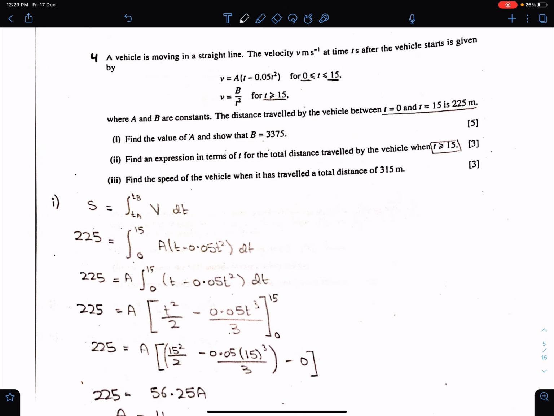And the formula is S is displacement till 15, like S1 plus S2. The first displacement is 225, and for the next displacement, t greater or equal to 15, you should use this velocity equation.